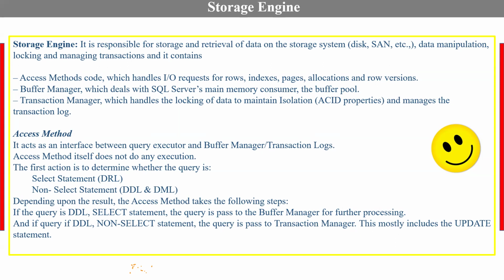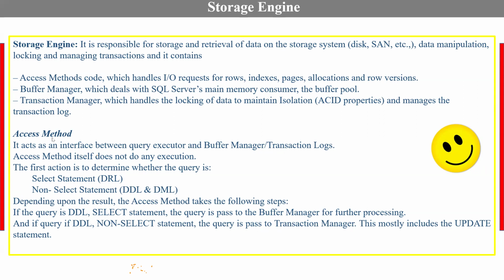So access method, buffer manager, transaction manager are the three major components. Out of this, access method is the first component, sir. Your relational engine will send a request to the access method.